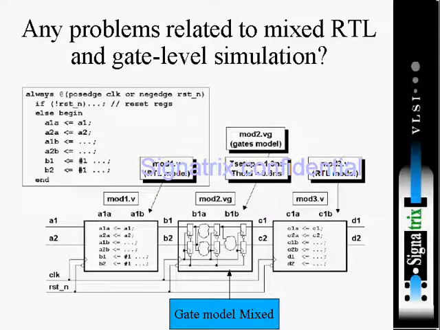That means with a `include we can paste that file in between, in that block, for the two modules: `include module 1 and module 3. We can paste that gate level in, with `include and the module name.